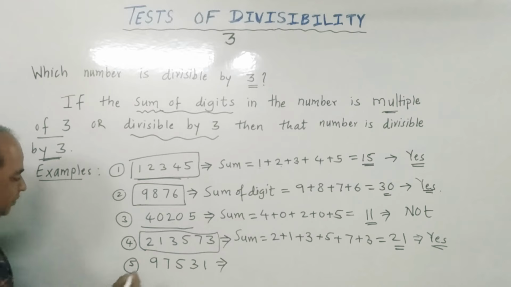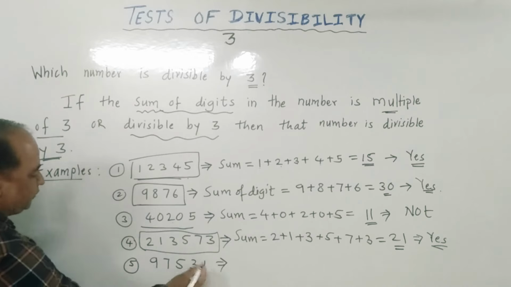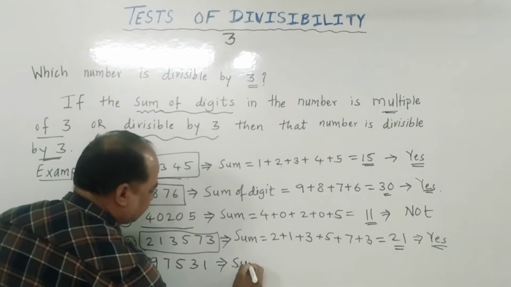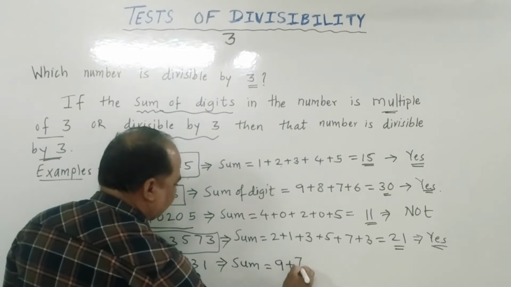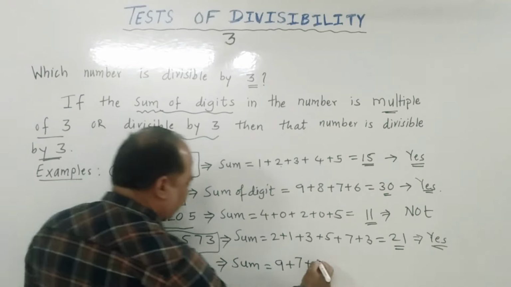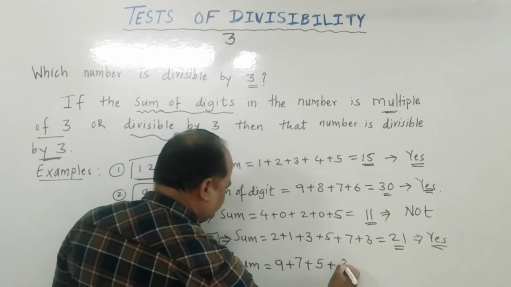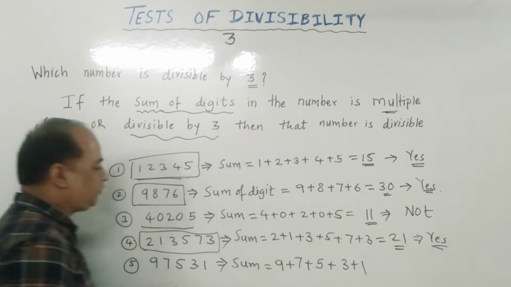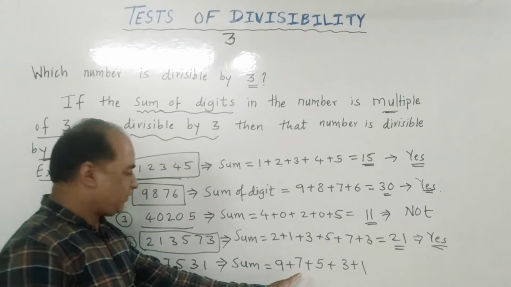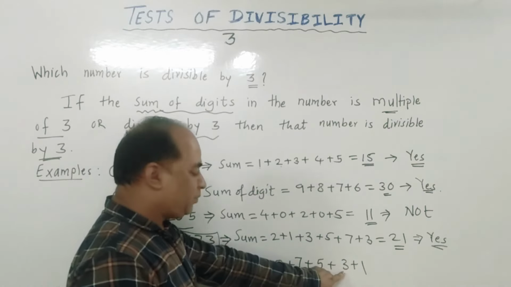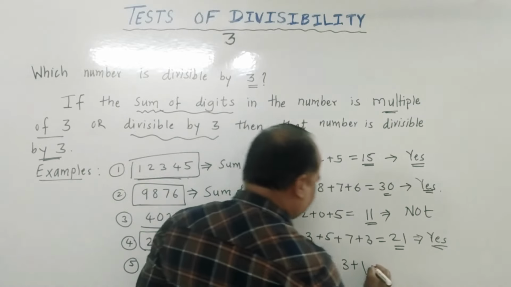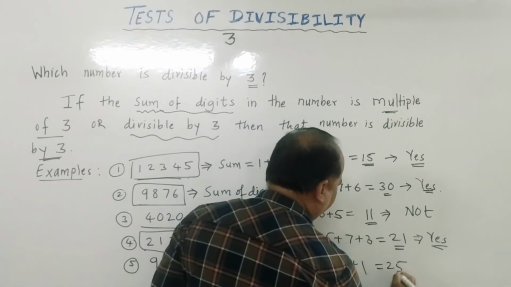Let us see the last example. 97531. So sum of these digits, 9 plus 7 plus 5 plus 3 plus 1. Sum of the digits, 9 plus 7 is 16, 16 plus 5 is 21, 21 plus 3 is 24, plus 1 is 25.